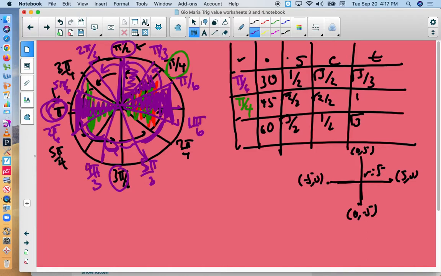And then these, pi over 3s, everything with a pi over 3. Pi over 3, 2 pi over 3, 4 pi over 3, 5 pi over 3. Those are all 60 degree angles. Sorry, that should be a pi over 3.